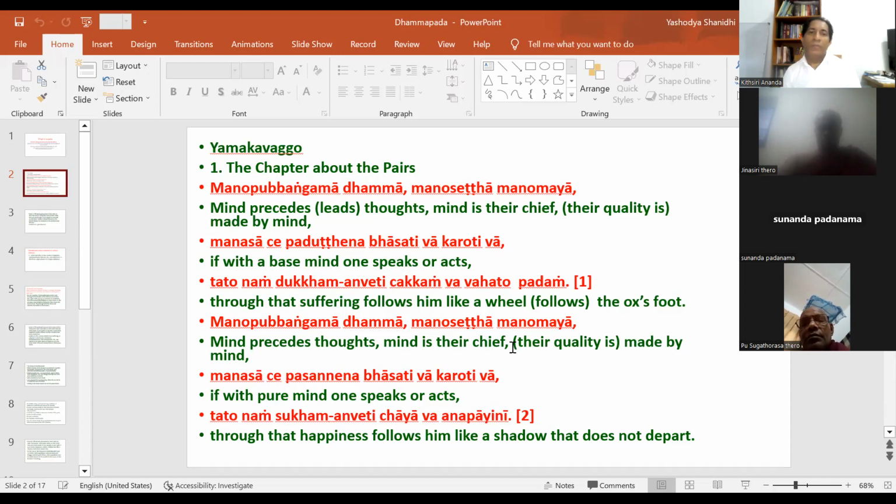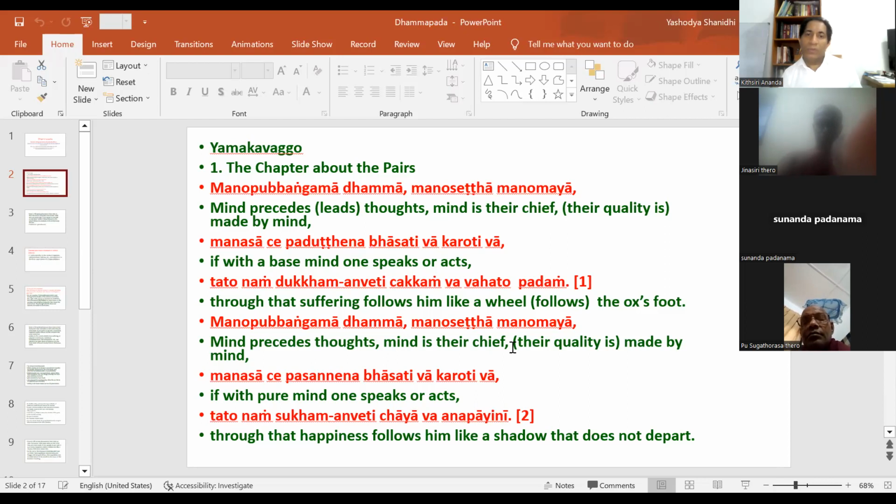Mano pubbangama dhamma. Mind precedes thoughts. Mind leads thoughts. The leading part when it comes to thoughts is done by the mind.